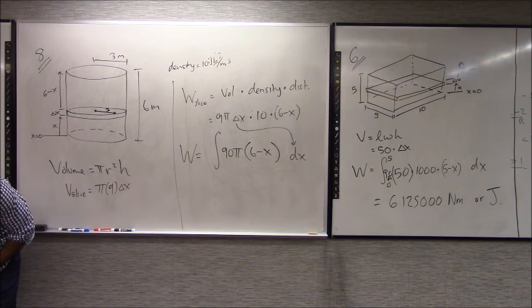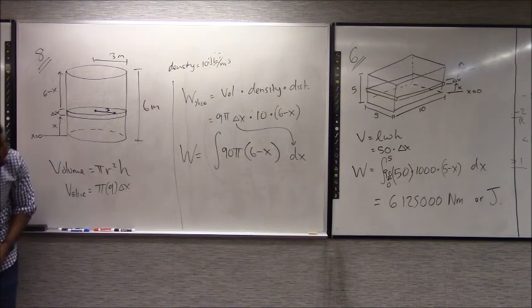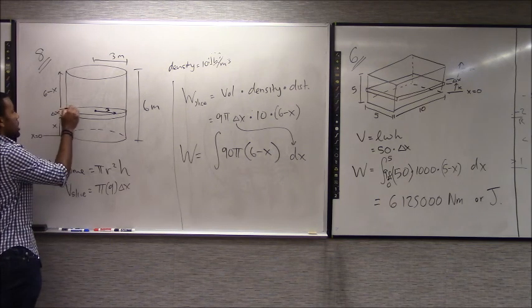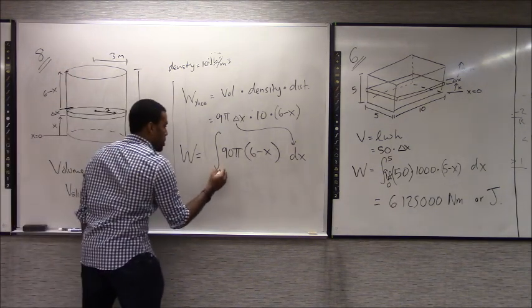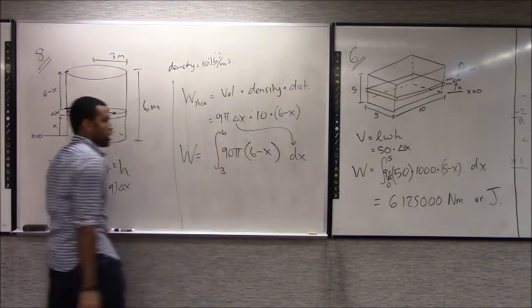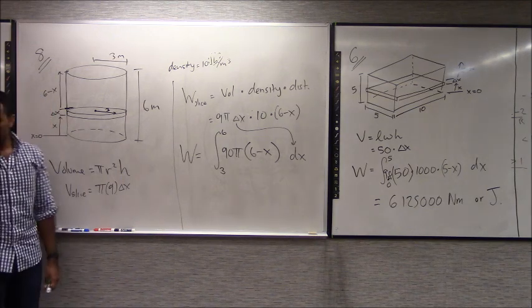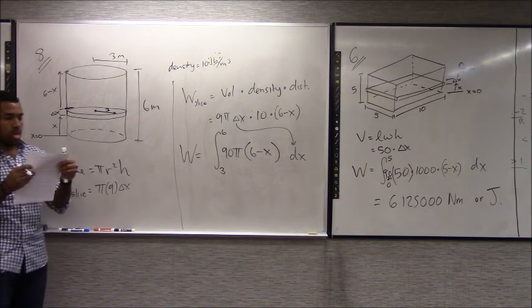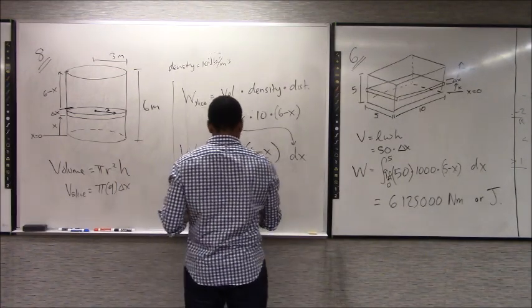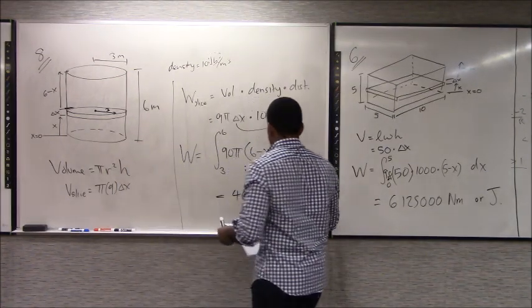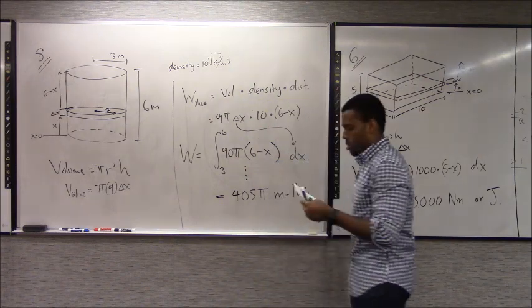Right, work needed to pump the top half of the liquid. So we're pretending that we are starting halfway up, which is 3. So it starts from 3, and we want to pump all the way up to 6. So that would be the correct integral. And that, put it in the oven, bing, 405 pi meter pounds, or pound meters.